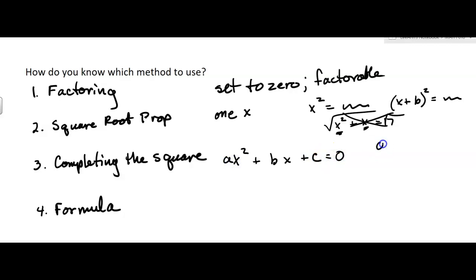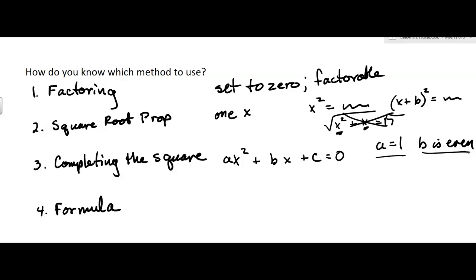First of all, if A equals 1 and B is even, then I would use completing the square. I think it's the easiest method to use. But I'm very picky. I want A to be 1 and B to be even. Then I avoid the fractions and the simplification's already there and it goes pretty quick and easy. Okay? So those are my 2 rules if I'm going to use completing the square. If I get a choice.